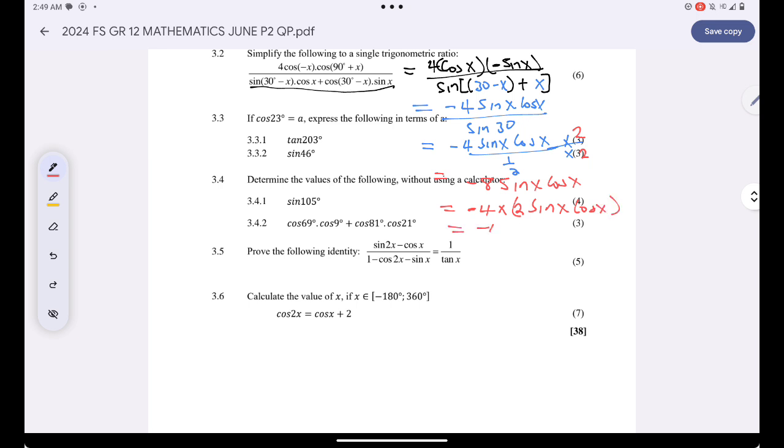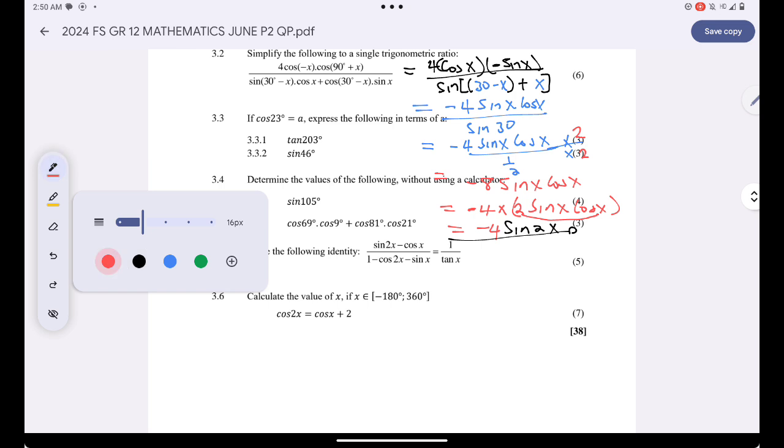So I'll have negative 4, and this is the expanded version of the double angle for sine. Whenever you simplify this guy, you will get negative 4 sine 2 theta. So I'll simply say this is negative 4 sine 2x.